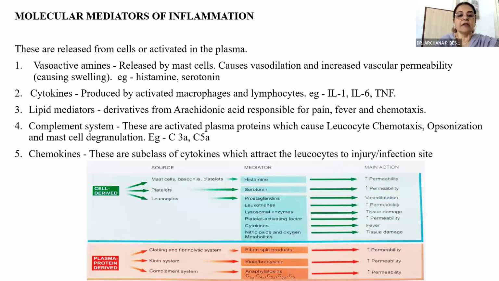So these molecular mediators are basically responsible for the vasodilatation, the increased vascular permeability, and the chemotactic force. All these molecular mediators are helping out in inflammation in this manner. The next slide, please.